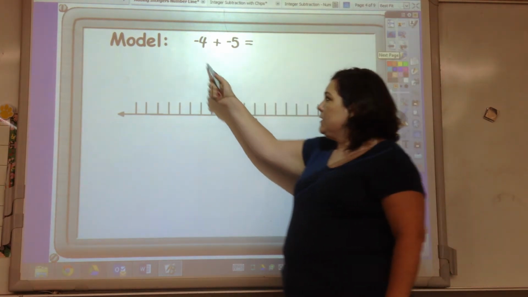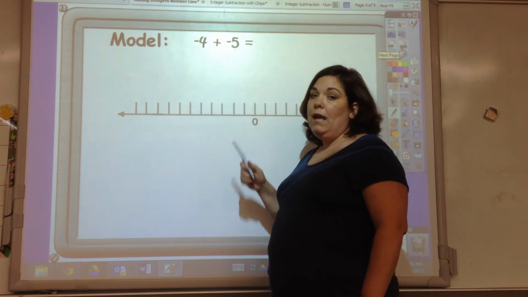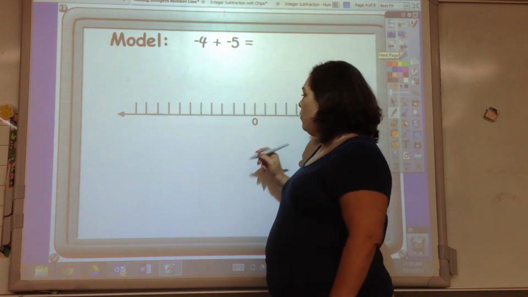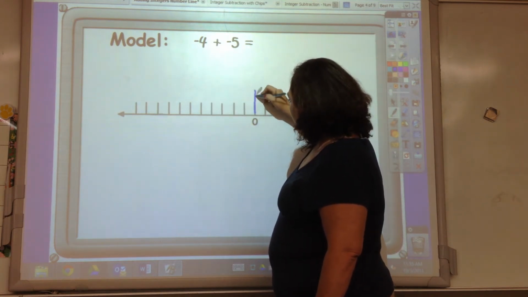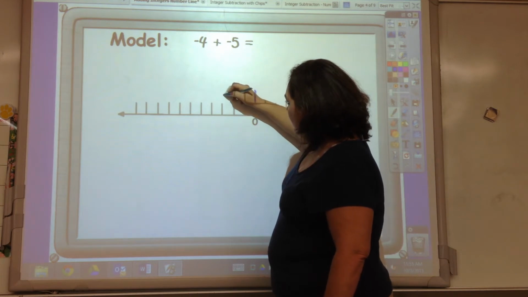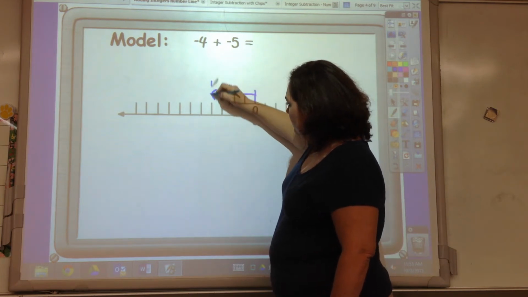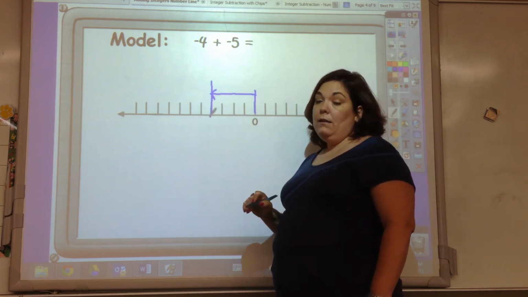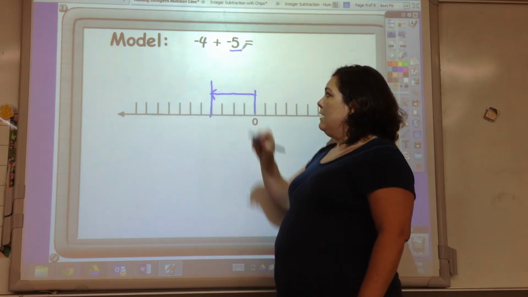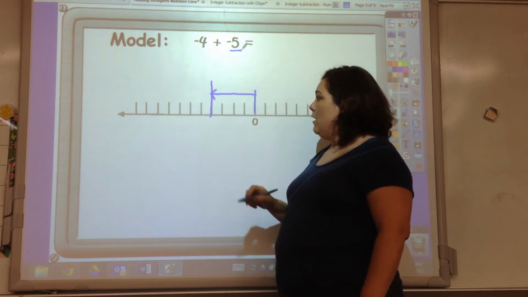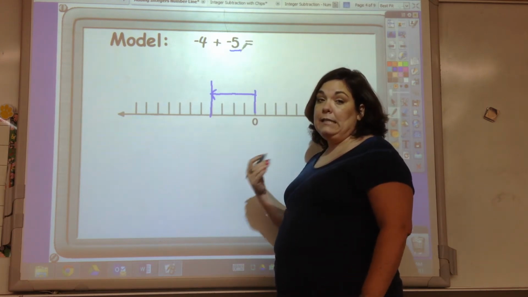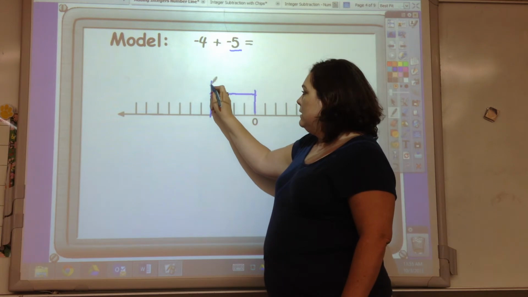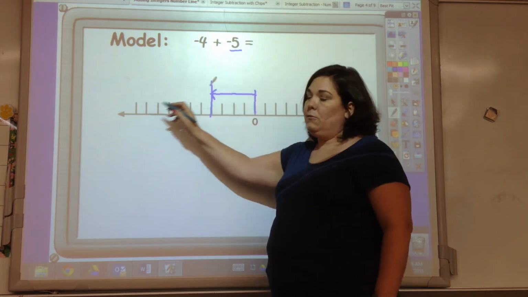So this number tells me to start at 0 and go -4. So here I am, and I'm going to go 1, 2, 3, 4. Okay, that's showing -4. Now I need to go -5. And so I'm adding, so I'm going to continue on, and it's negative, so I have to go to the left.